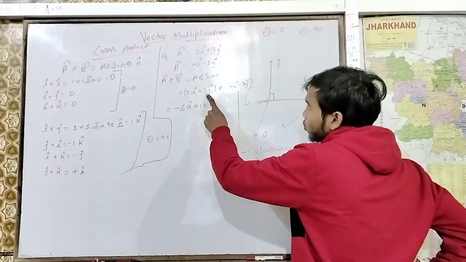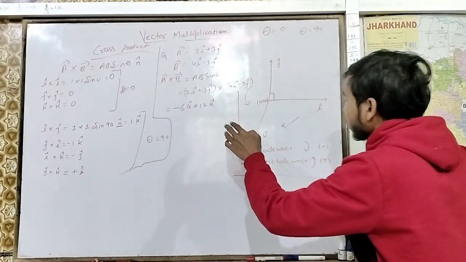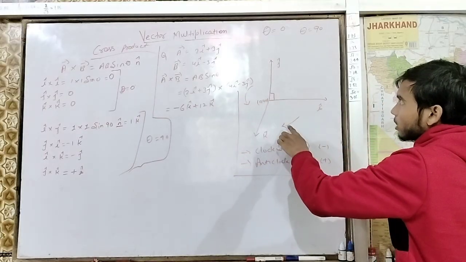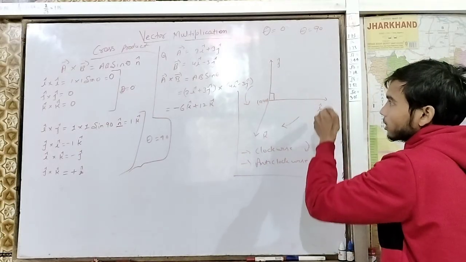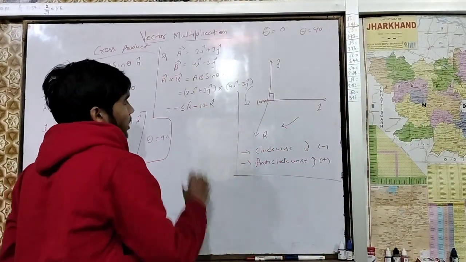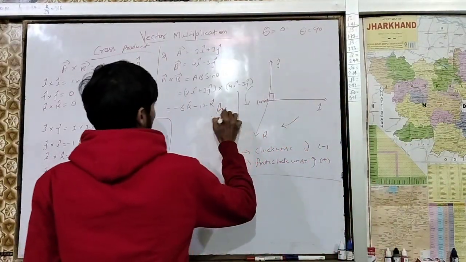Now in this case, this 3j and this 4I direction: look at the direction, j then I, again it is clockwise, so this will become negative. So finally, this is your answer.